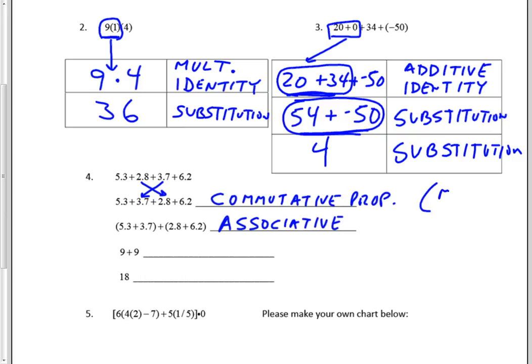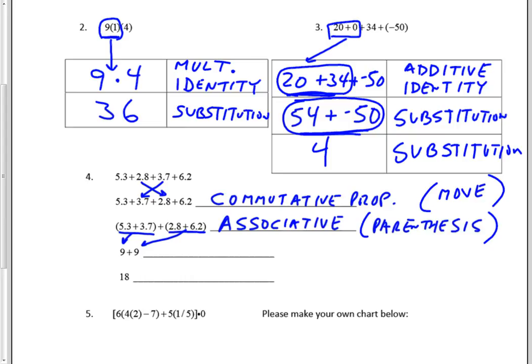So when you see things start to move around, we call that commutative. When you start to see parentheses, that's associative.